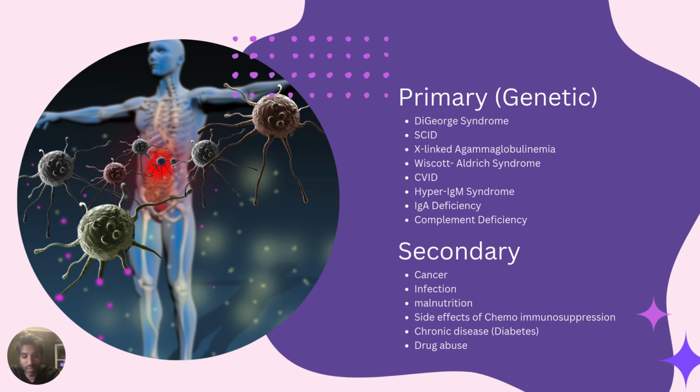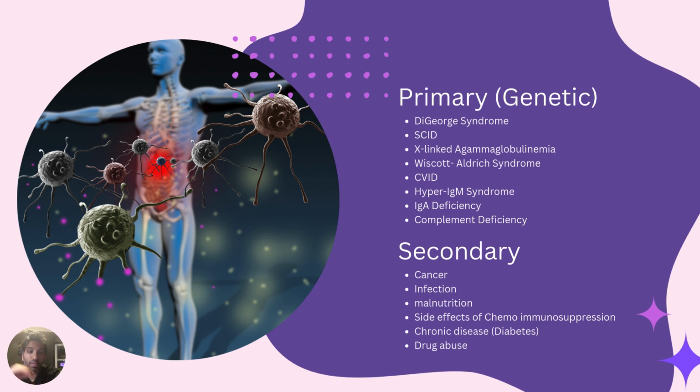Somebody who's got chronic disease, somebody who's malnourished, drug abuse can destroy your immune system. I've seen alcoholics with terrible immune systems. I work as an emergency medicine physician, so I see a lot of the secondary causes. The primary causes are usually picked up by your pediatricians, and they usually start in childhood, and we'll go over that.